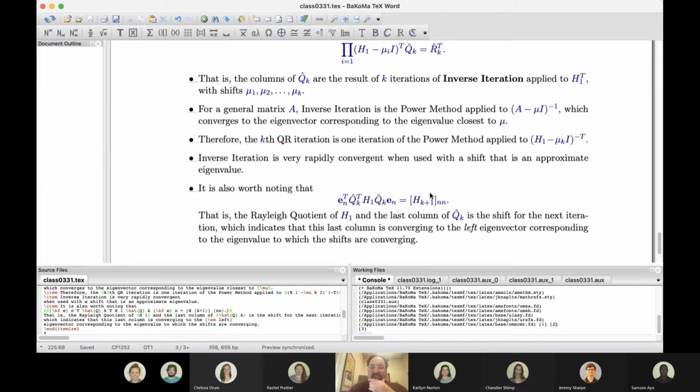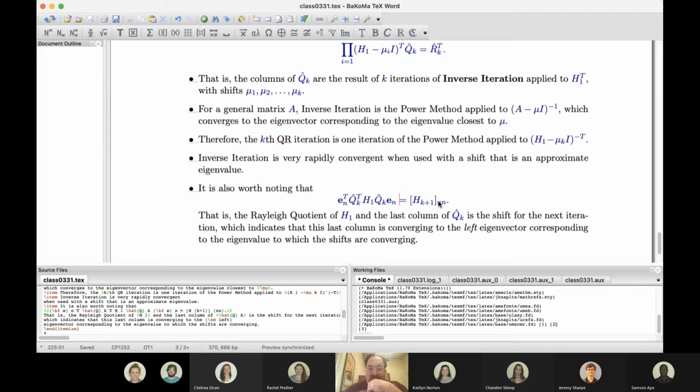So this is the last diagonal entry of a matrix that results from all these QR iterations. But that is a Rayleigh quotient. And recall that if you have an eigenvector, the Rayleigh quotient gives you the eigenvalue. So the Rayleigh quotient of H1 and the last column of Q_k hat is the shift for the next iteration.